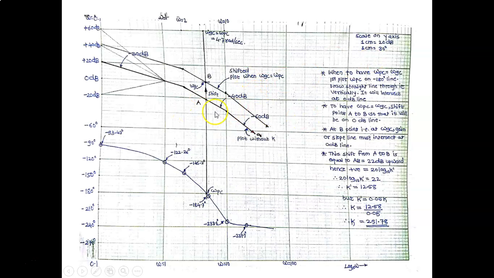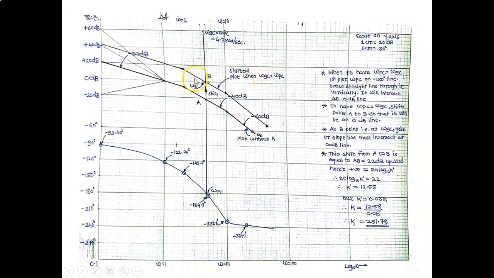Now this phase angle plot cuts the minus 180 degree line at this point. Shift this point to the 0 dB line, where omega PC is equal to omega GC.